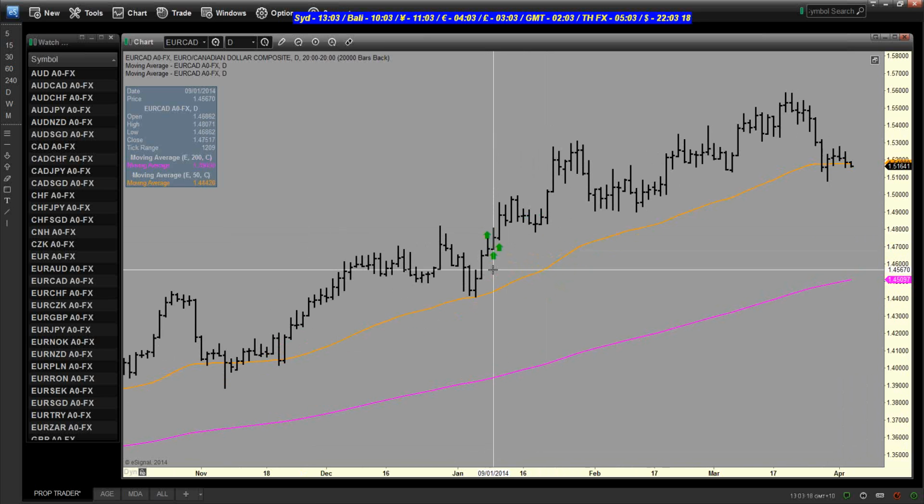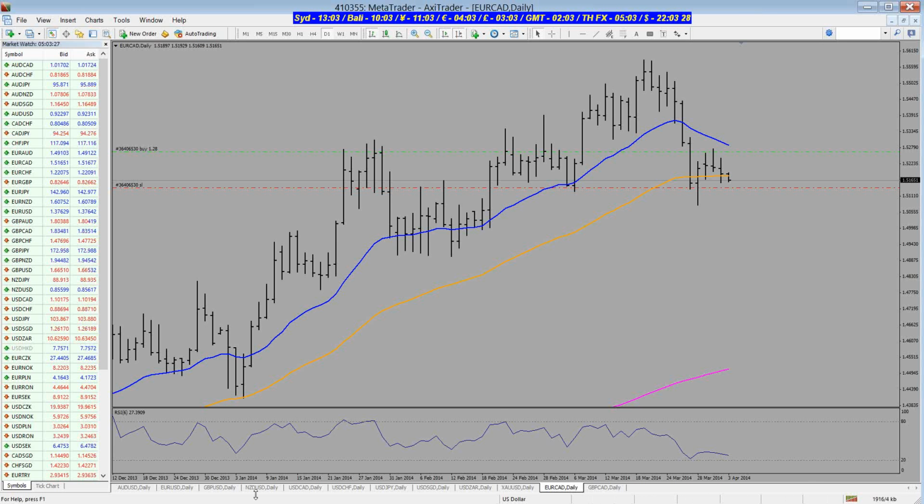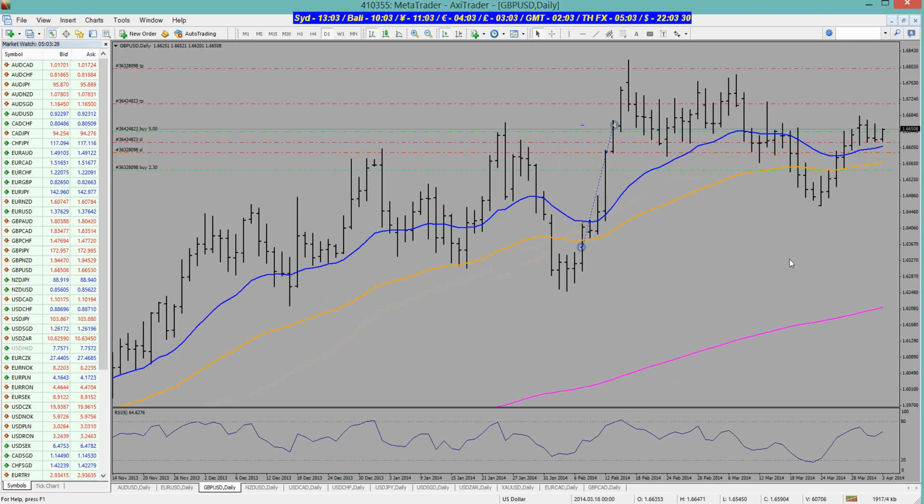Should stop always be put behind the second bar? No, it doesn't have to go right behind the second bar. You can go behind this bar here. When I was into the pound trade, we got in. This is the entry bar, and it's T1, trade 1, and it's a buy bar.